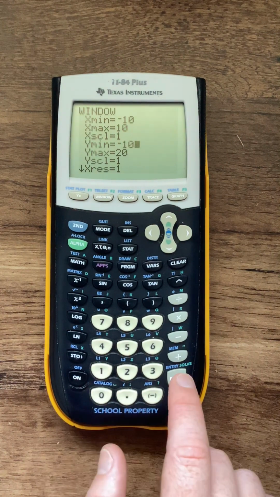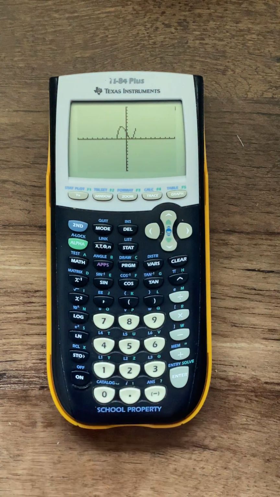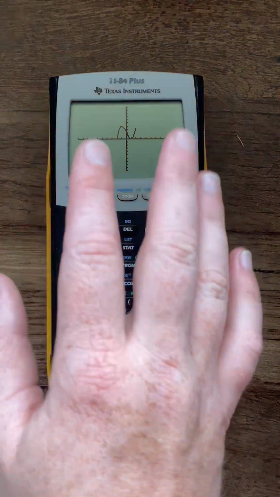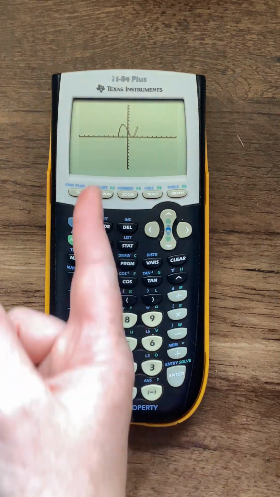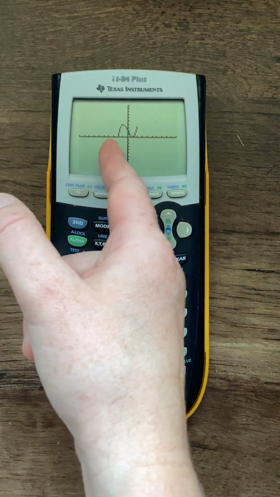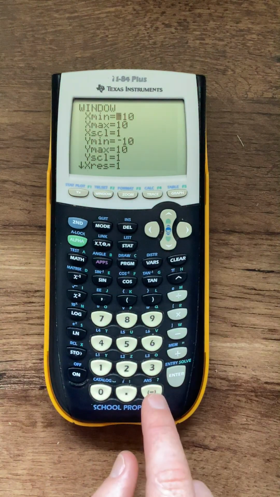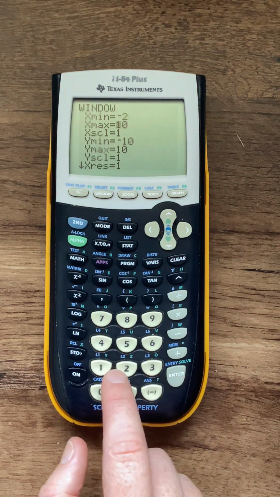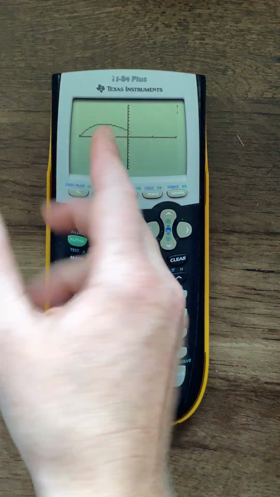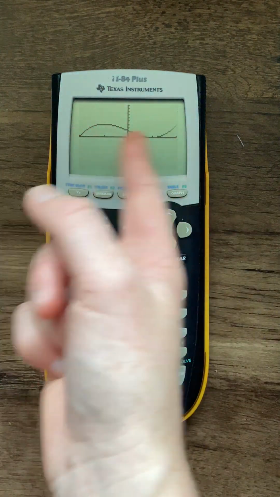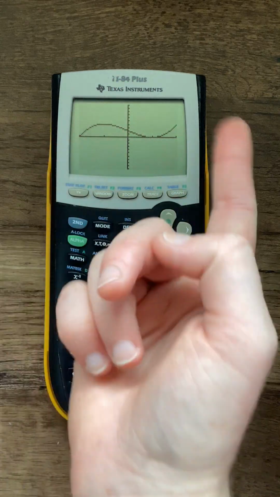-10 to +10. And you see the function here, okay. And we want to zoom in on this so we can see the details of our function, right? So if you look at this, we know our x values are going to be -2 to +2. So let's go here and do for x-min -2 and x-max +2. Okay, nice and cool. So you'll see how you can make the ones uneven. So it can be 10 on the y-axis and 2 on the x-axis.